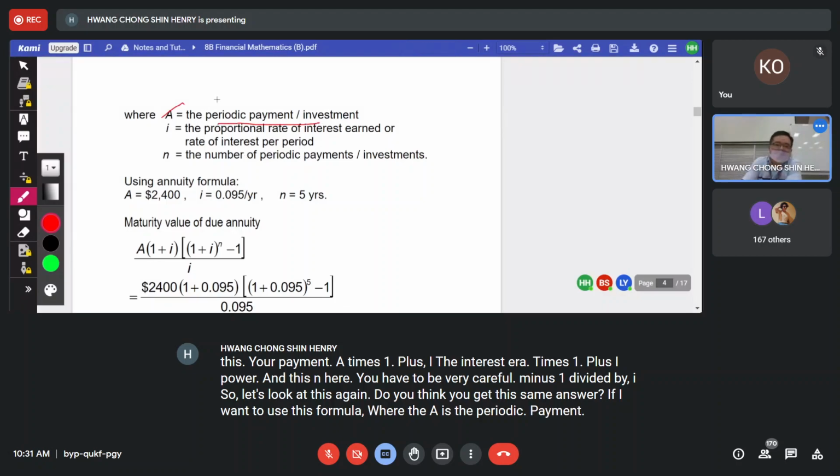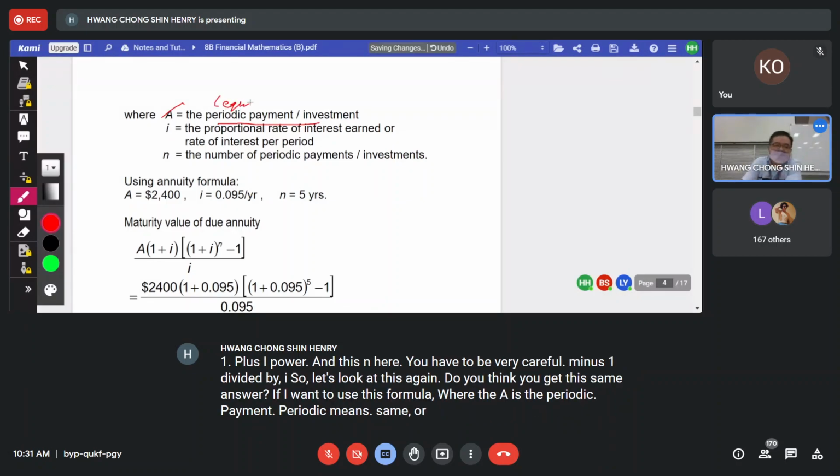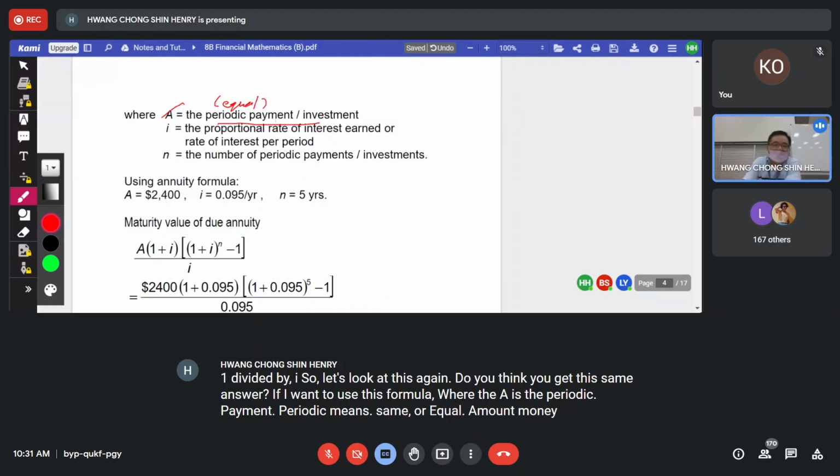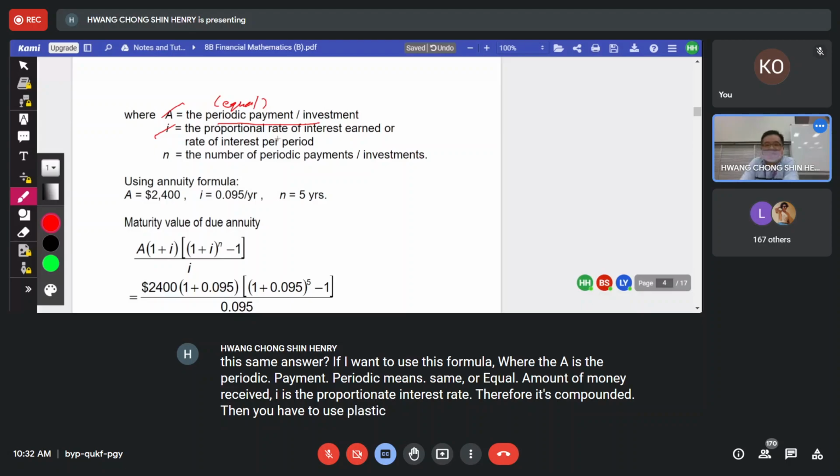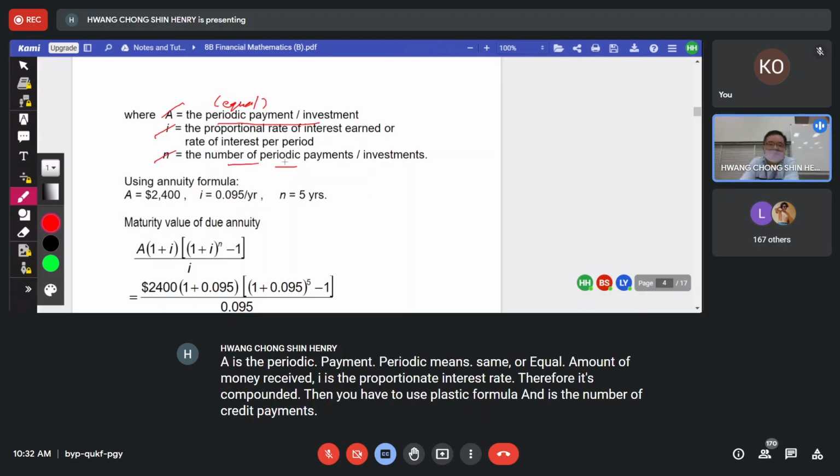Periodic means same, equal amount of money you receive. I is the proportionate interest rate. Be careful, it's compounded, then you have to use last week formula. N is the number of periodic payments.